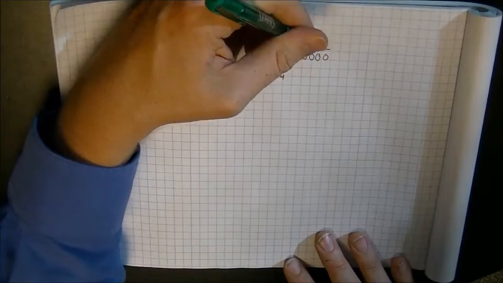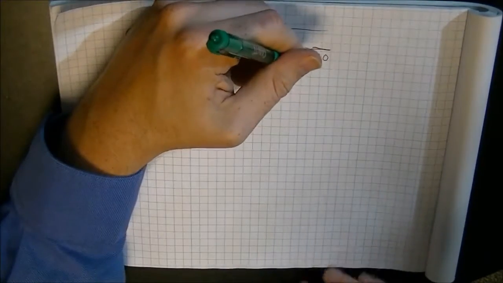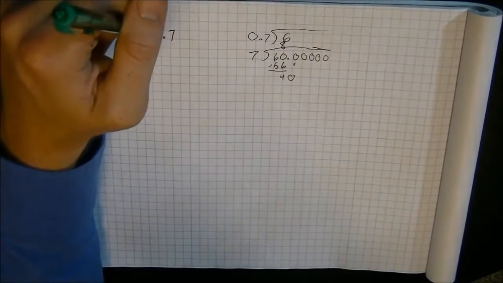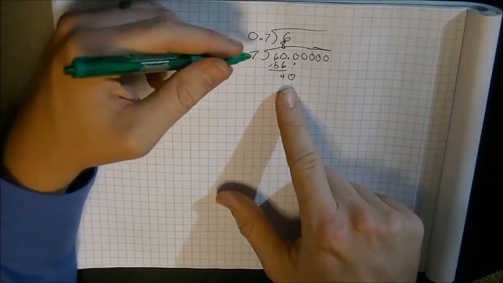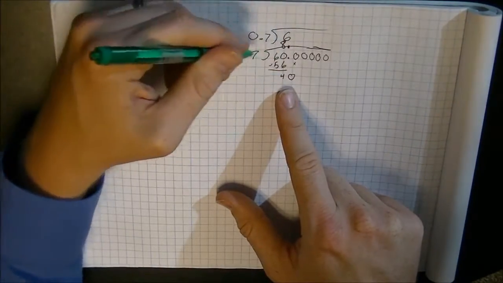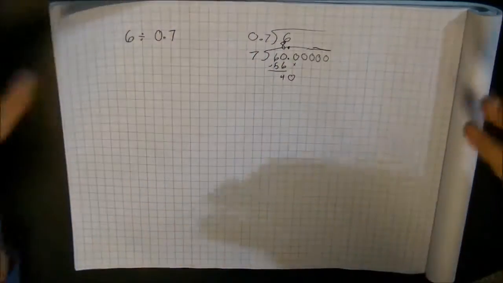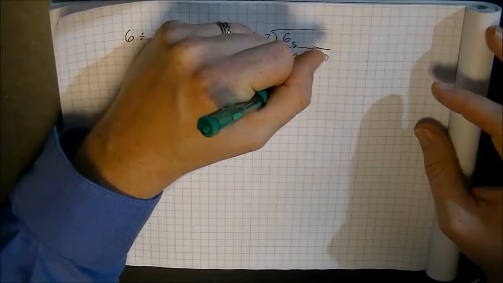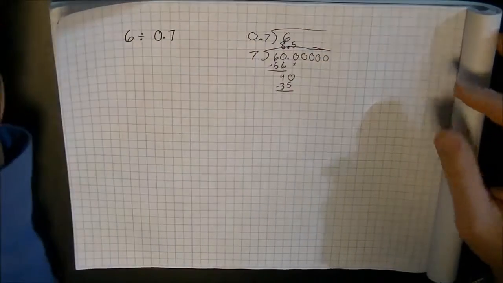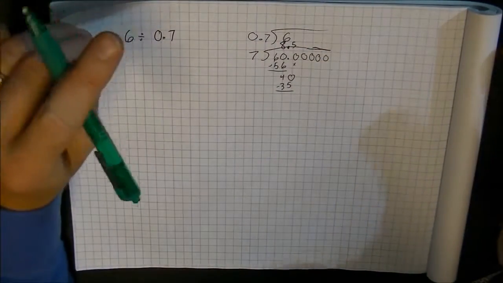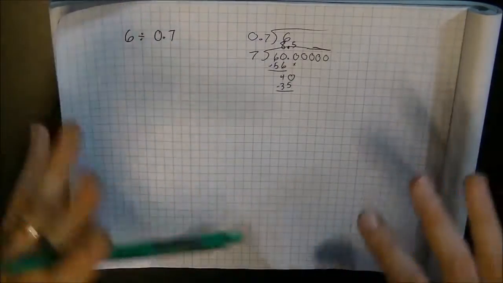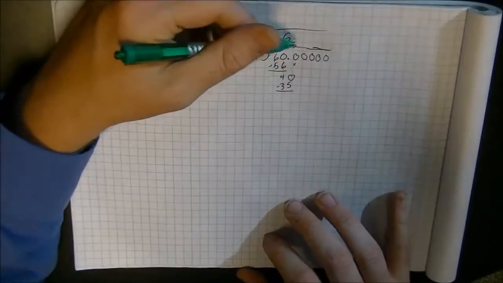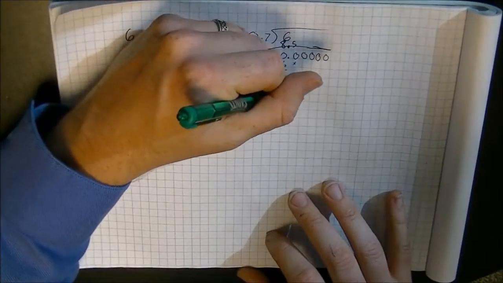So I'm going to bring down a 0 now, and I put the decimal up here. 7 goes into 40 how many times? It's 5, because 5 times 7 is 35. If this is a surprise, then do more practice with your multiplication.